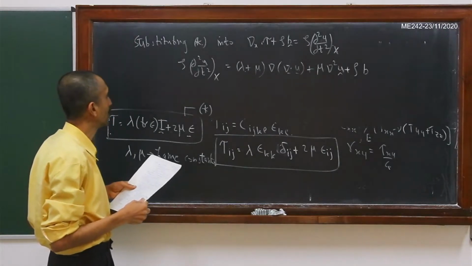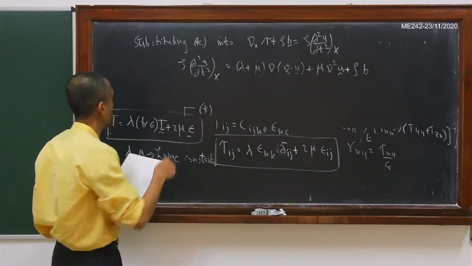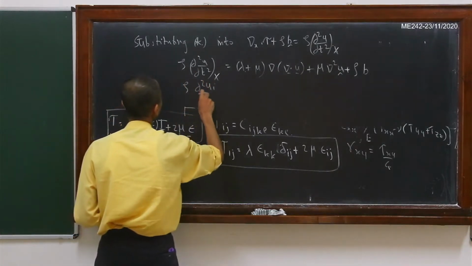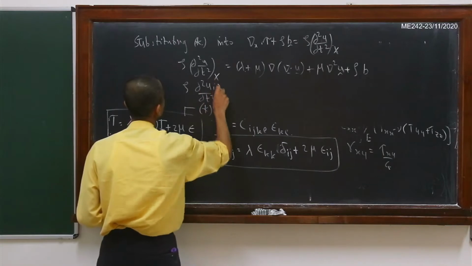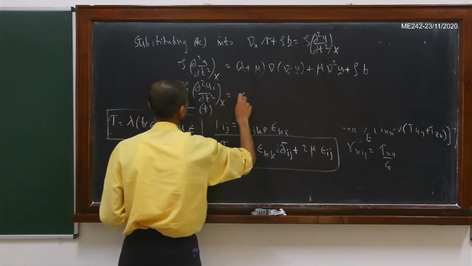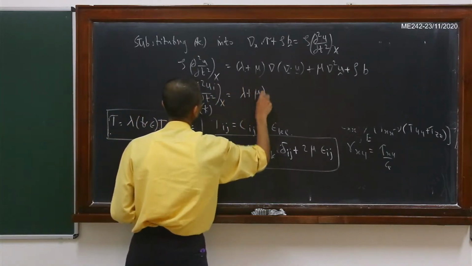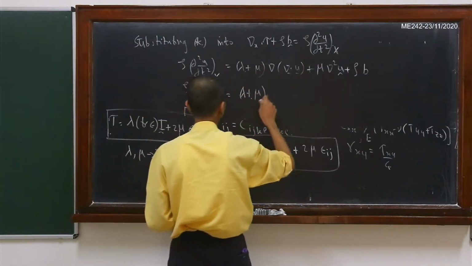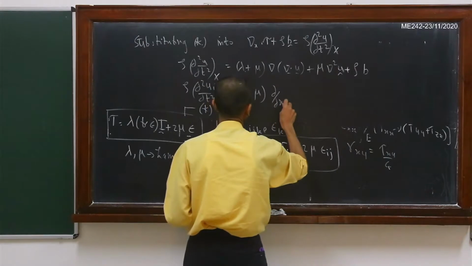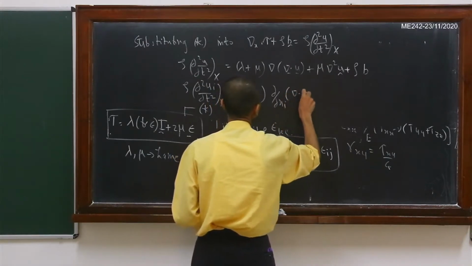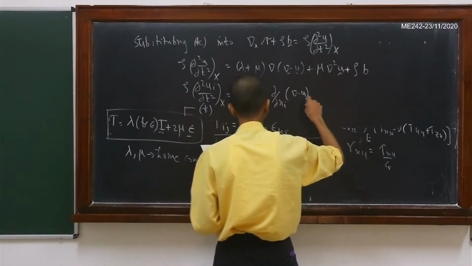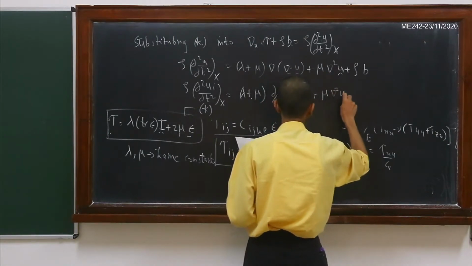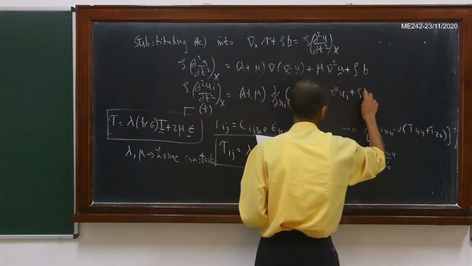So just to write this in indicial notation, if I write this as rho times del square ui by del t square, keeping capital X fixed, is equal to lambda plus mu times del by del xi of del dot u plus mu times del square ui plus rho times bi.